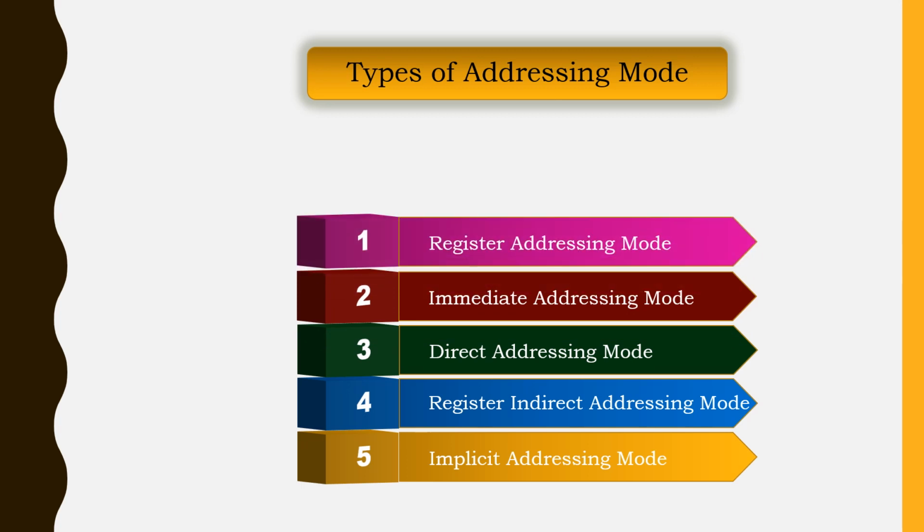And the first one is register addressing mode. The sequence is not important; you can follow any sequence. But just for explaining purposes, I have taken register addressing mode as the first one and immediate addressing mode as the second one. So these are the total 5 addressing modes that exist in the 8085 microprocessor.